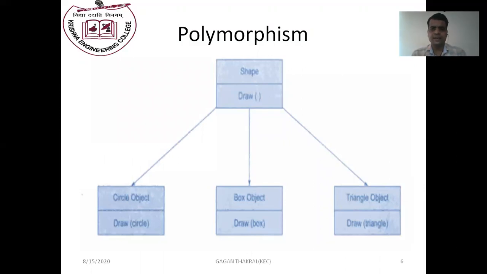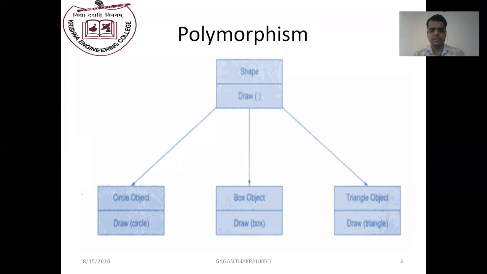Now, in this diagram, we discuss polymorphism with an example. Here, shape is given, and shape contains the function draw. When we pass the argument of a circle to the draw function, it will draw a circle. When we pass the arguments of a box, it will draw a box. And when we pass triangle arguments, it will draw a triangle.